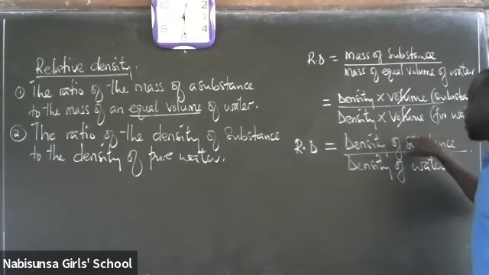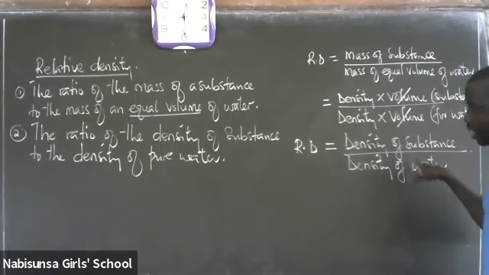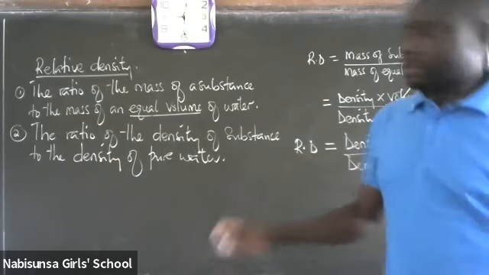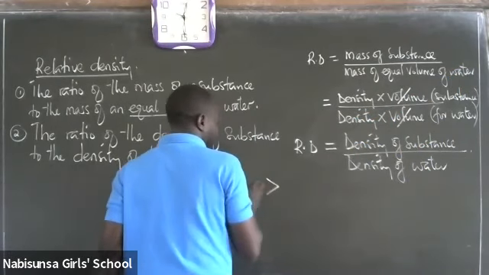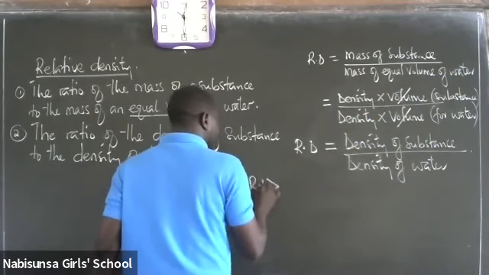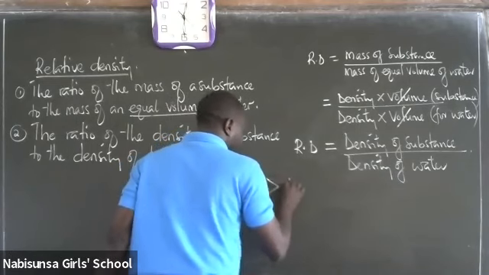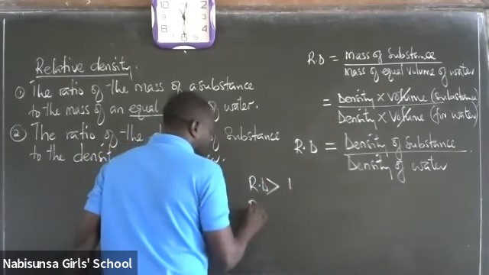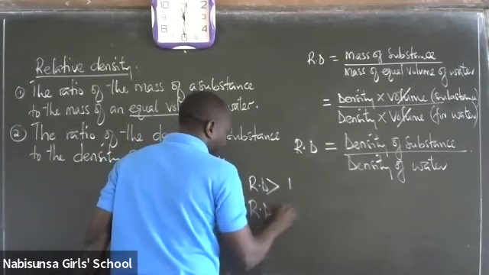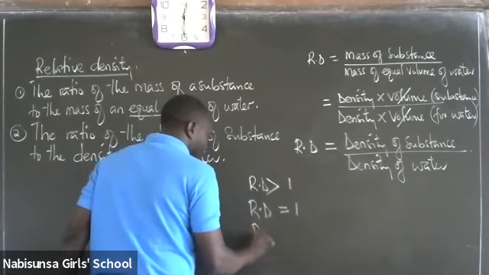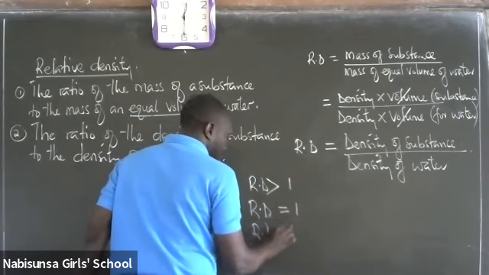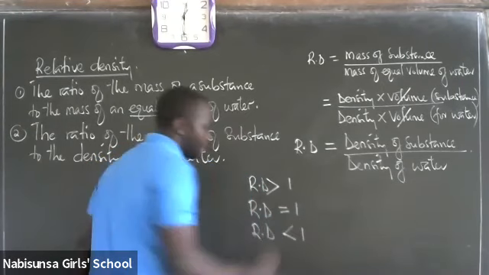If the density of the substance is greater than the density of water, the relative density is going to be greater than 1. There is also the case where the relative density will be equal to 1, and the case where the relative density is going to be less than 1.